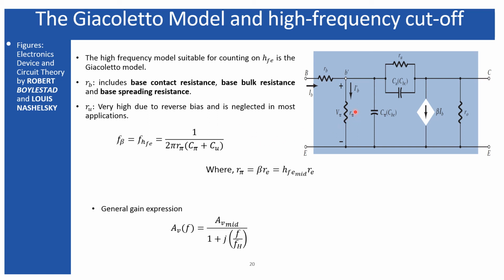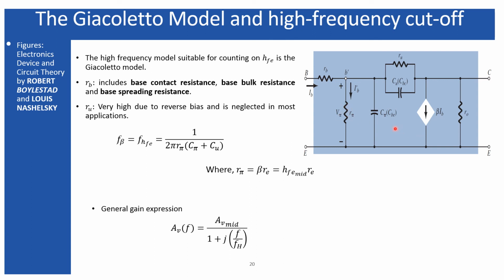R pi is appearing across the base to emitter terminal, and this R pi is the same as the Hi I have considered for the H parameter model, and it is also equal to the similar input impedance I have considered for the small signal model of the bipolar junction transistor.